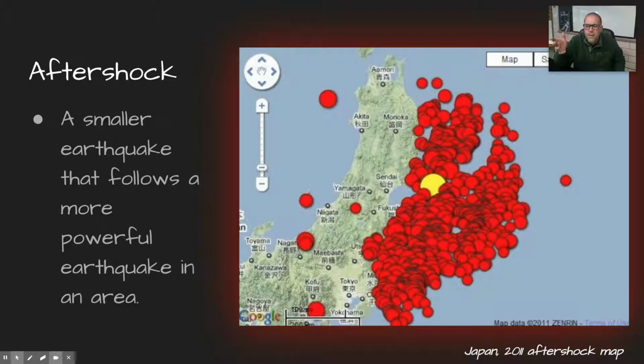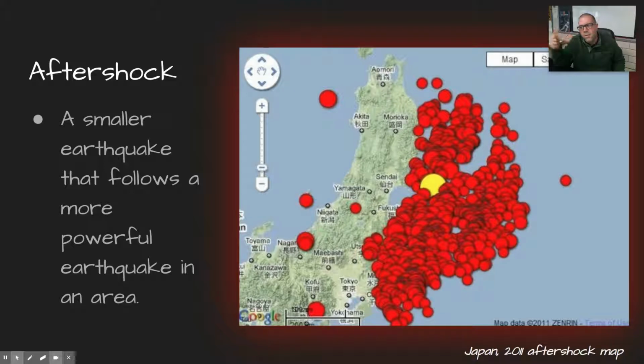Okay? Some places that have had large magnitude events, the ground seems to shake constantly for years after earthquakes. So aftershocks are a powerful force. And they have to be reckoned with. They have to be dealt with if you're staying in these earthquake-prone areas.